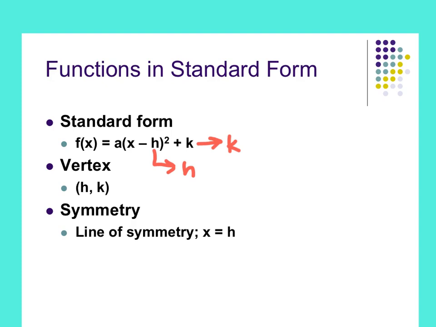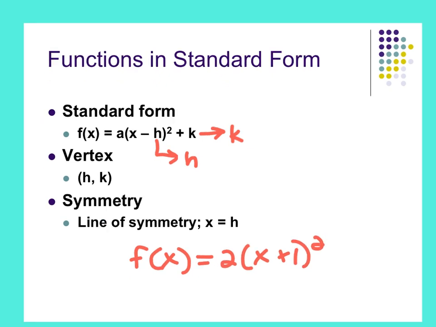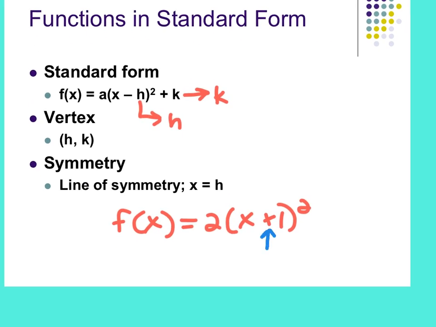So the last one was 2 times x plus 1 squared, okay? So the opposite of what follows the x here, the negative 1, is the x coordinate of my vertex, and then whatever's added or subtracted, which technically is a 0 this time, that's the y coordinate of my vertex. So that's how I can pull it out of the equation without even drawing a picture.